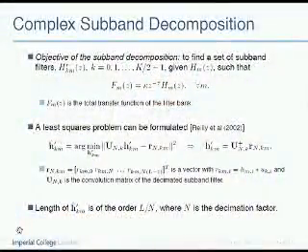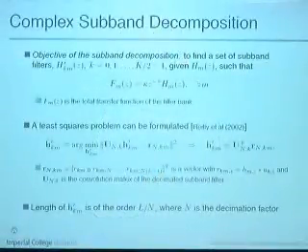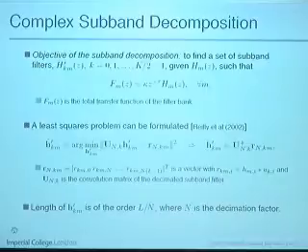And one way to do it is an approach used by some researchers, and you can arrive at a least squares version to approximate these filters, because they're not exact. But you get pretty good results in terms of the error between this signal and this signal by using this decomposition.